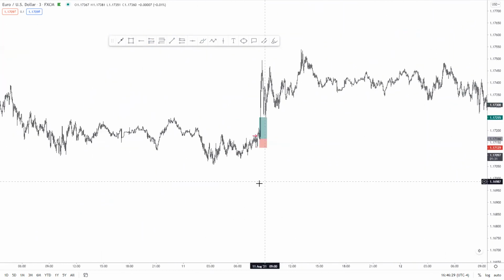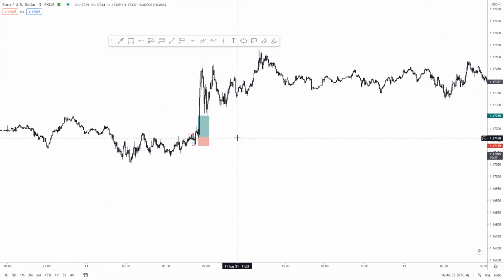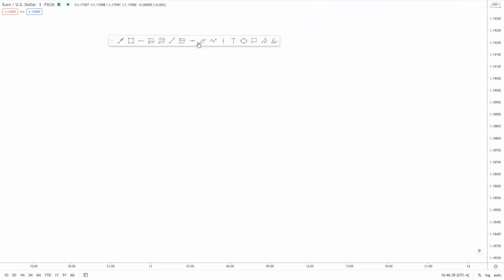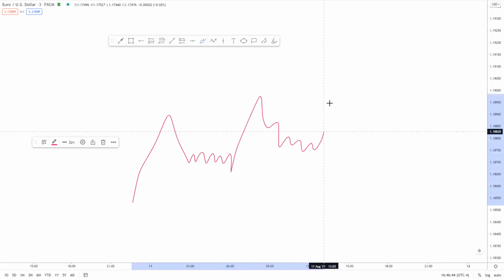You guys can see that this was all just following demand and structure. Structure in an uptrend is really created by demand, because when you get this higher low, what's usually within this is demand.